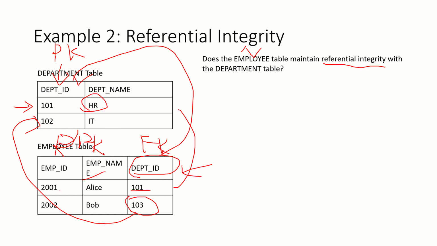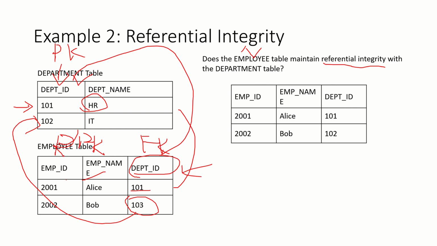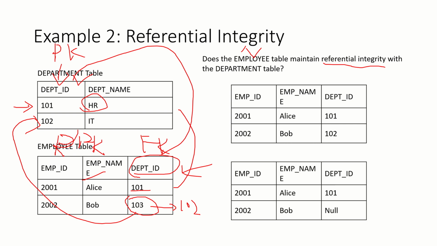How do we change it? There are several ways. You can pause for a second, then I will give you the answers. First, we can easily change the department ID right here to 1 or 2. Or, since a foreign key can be none, we can just choose none, and it's still right.